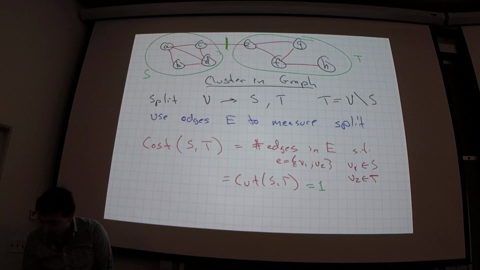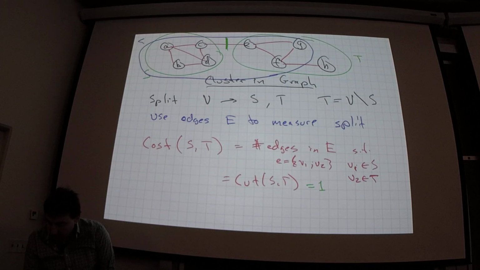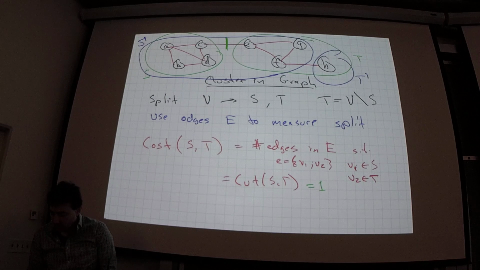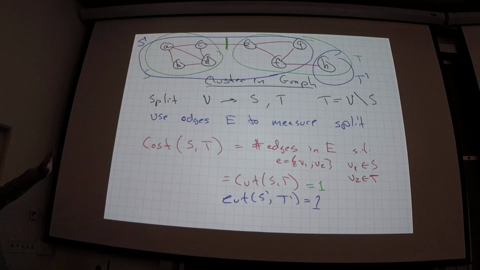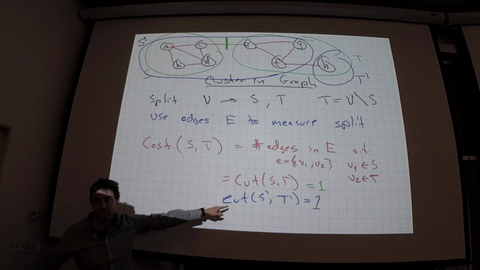And this is because there exists another cut here where I can do S prime and T prime, which also has the cut of S prime and T prime is also 1. Okay, so I can also split H off from the rest of the graph, into T prime and S prime, right? And this has the same score on the cut.